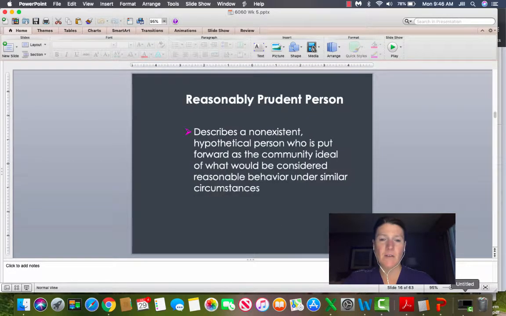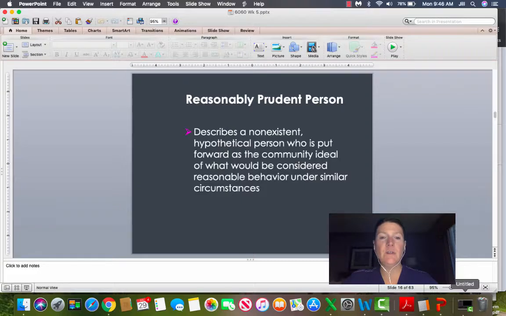So we've talked about these already. The one thing that I do want to mention: all of these elements, the duty to care, breach of that duty, the injury, and the causation, are all based on the assessment of a reasonably prudent person.